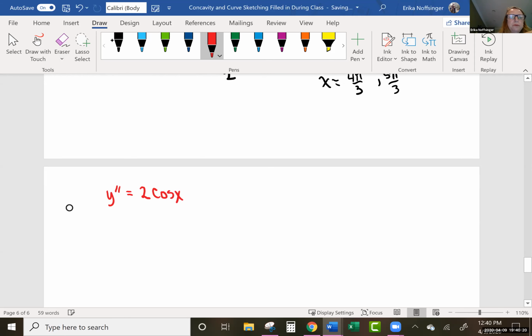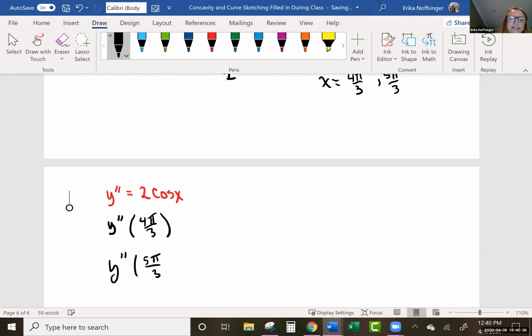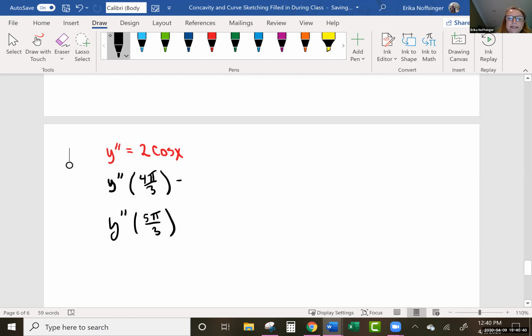And so if we plug in our critical numbers, 4 pi thirds, and let's plug in 5 pi thirds, wherever we see an x there, and let's see if it's positive or negative. And so if we plug this in here, we have 2 cosine of 4 pi thirds.